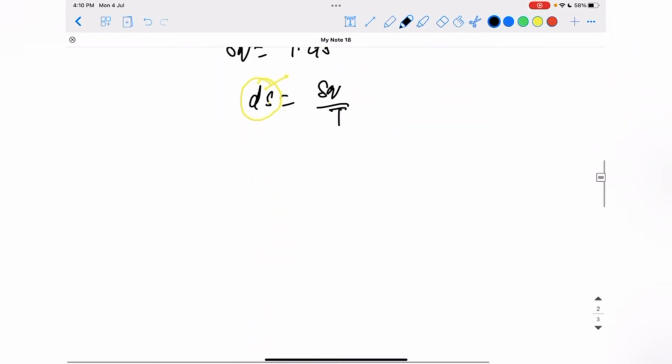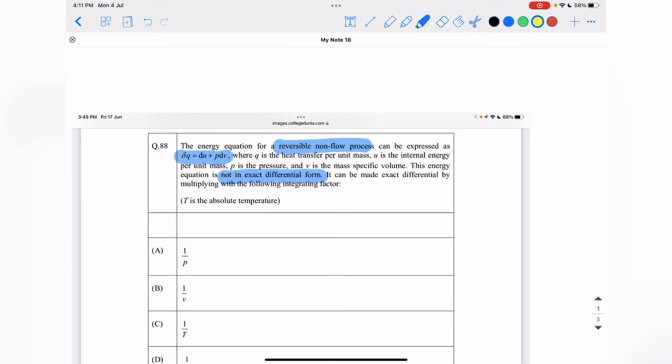The second approach is purely thermodynamic. We will use purely thermodynamic concepts. So again rewriting this equation as delta Q is equal to dU plus PdV. We will again look at the differential terms. See, U is the internal energy per unit mass, and V is the mass specific volume.